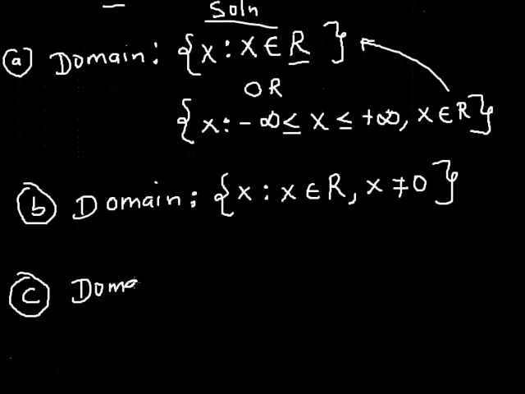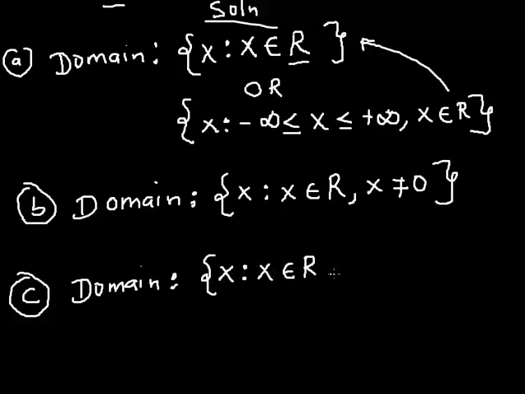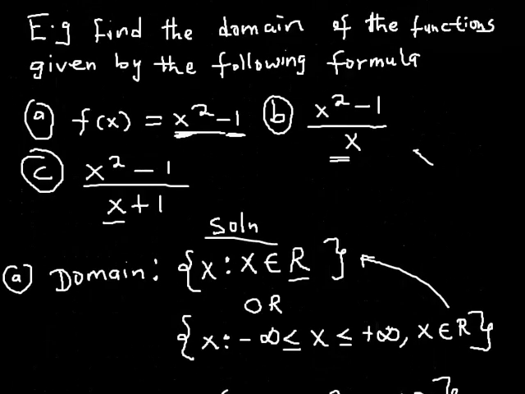My domain is going to be the set of x such that x is a member of all real numbers, but x shouldn't be equal to -1, because if x is -1, then -1 plus 1 is 0, and that will make this particular fraction undefined. So I hope that is well understood.